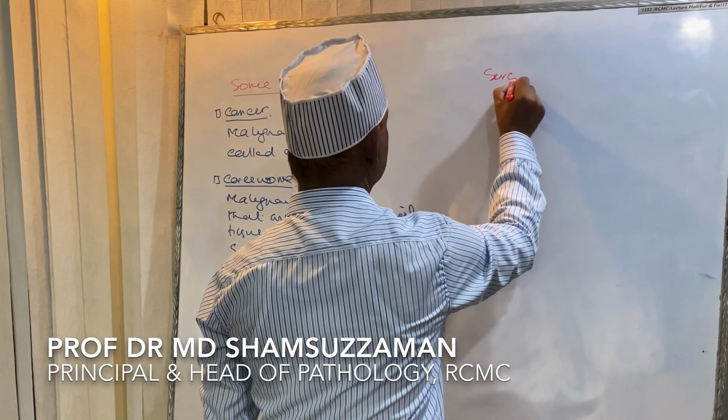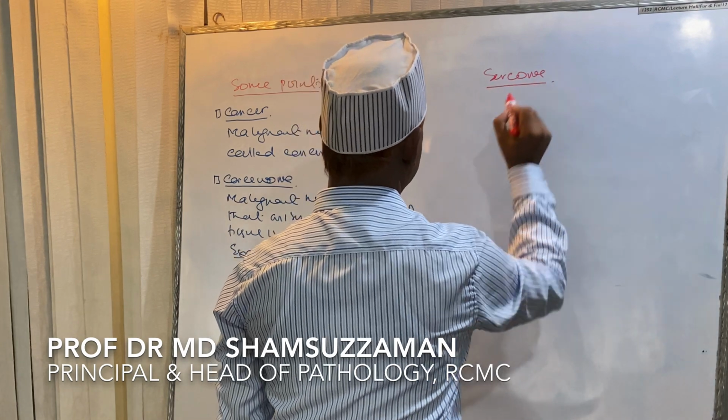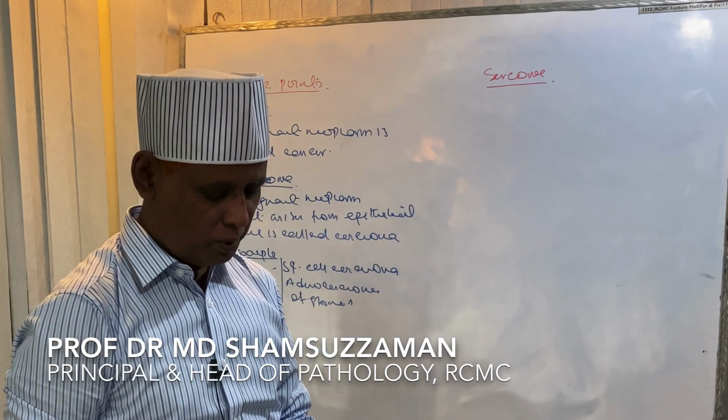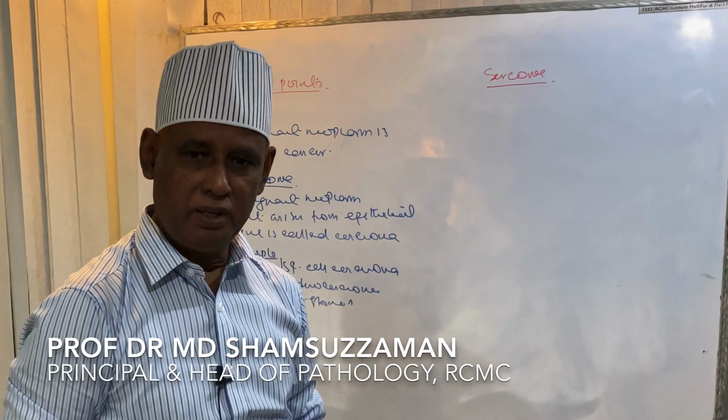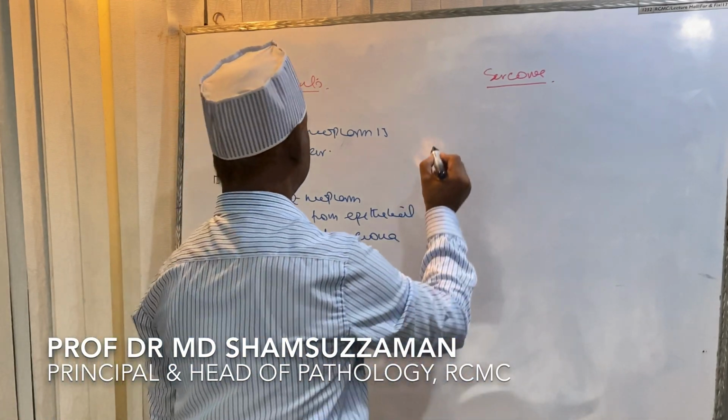Sarcoma. What is sarcoma? Malignant neoplasm of mesenchymal tissue is called sarcoma.